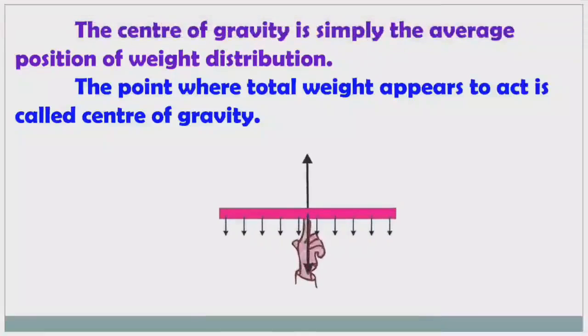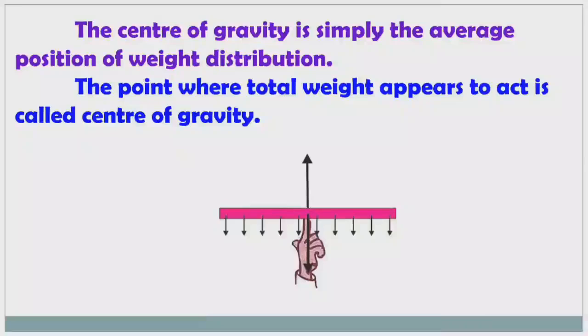Here we can understand by seeing this. Here a scale is there. The weight of the different parts of the scale acts downwards at different points, but at the middle total weight appears to act.